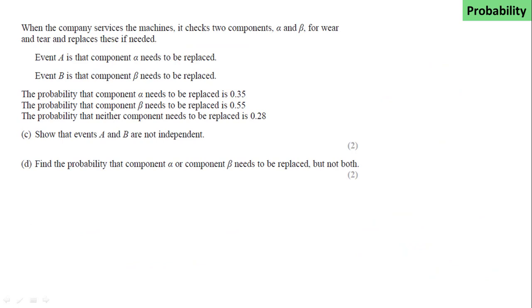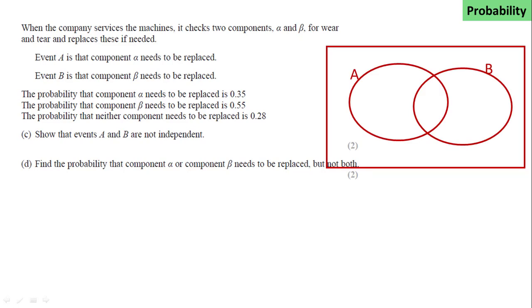Servicing the machine, 2 components are checked for wear and tear. We've got event A, component alpha needs replacing, event B, component beta needs replacing. We know the probability of A is 0.35, the probability of B is 0.55, the probability of neither is 0.28.